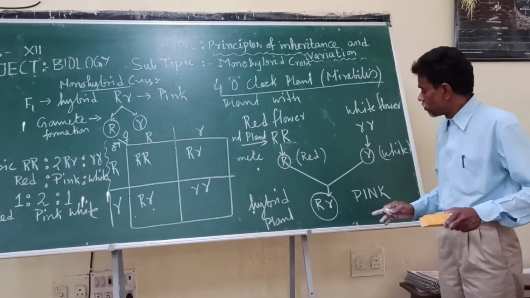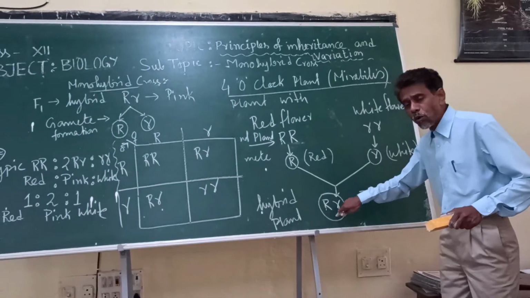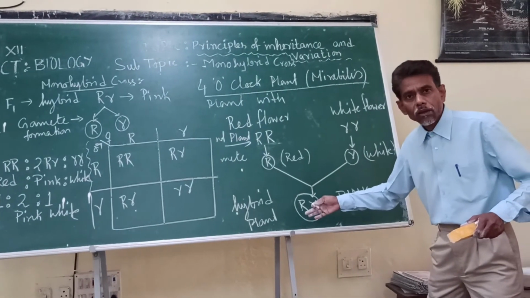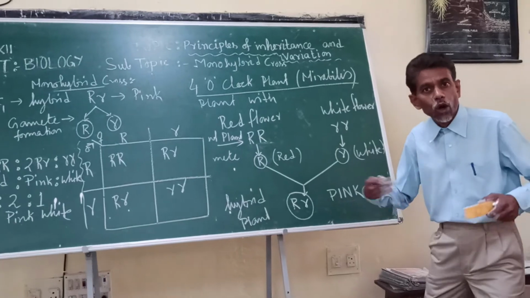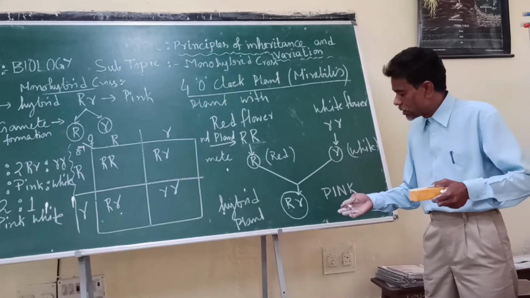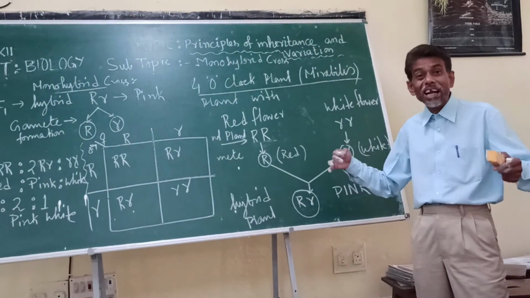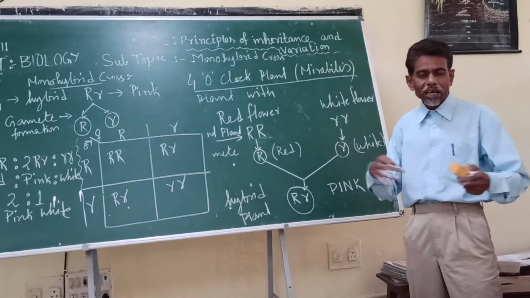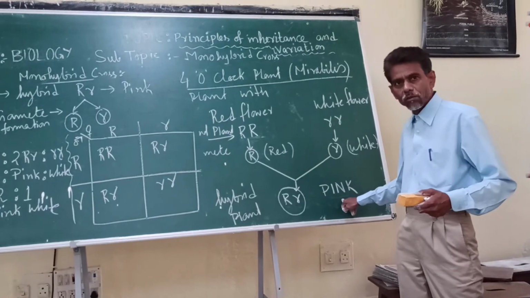That means none of the 2 alleles are behaving like a dominant or recessive. As a result they produce a blending of these 2 characters, that is pink.